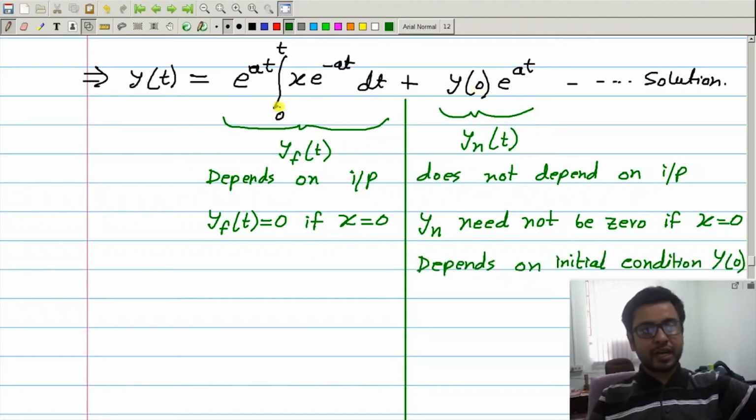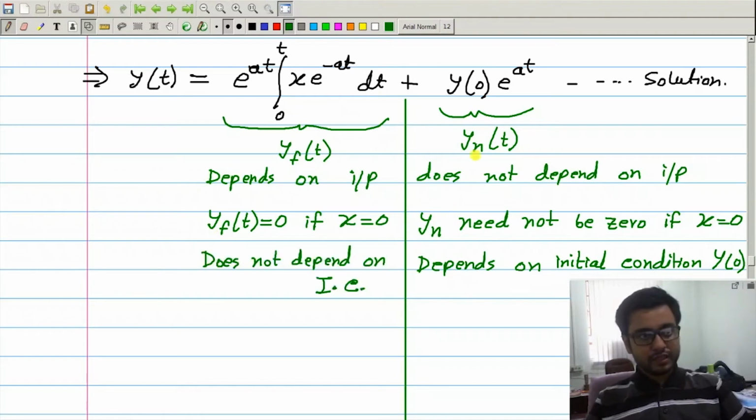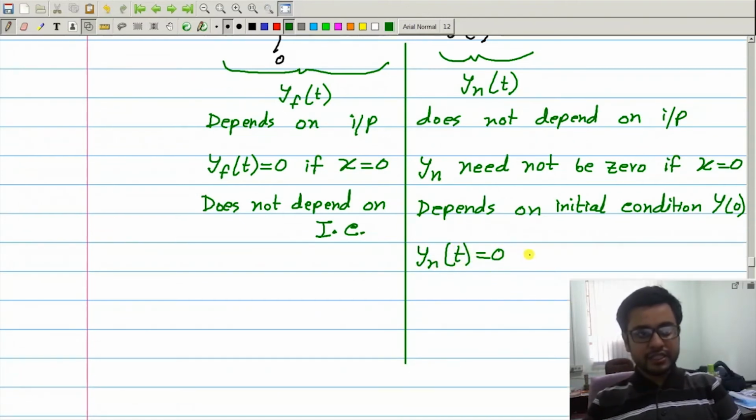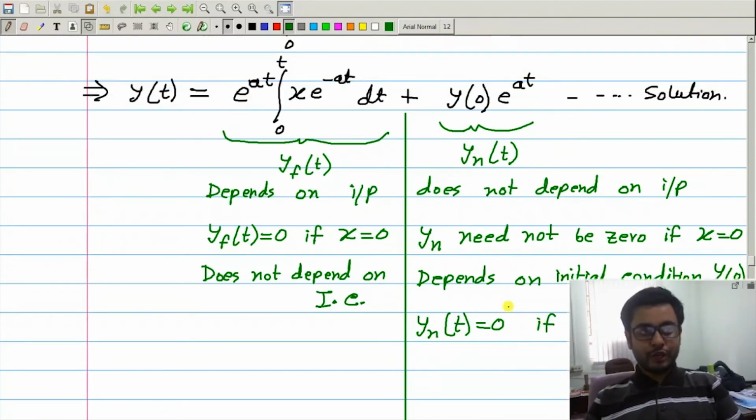However, this term does not depend on the initial condition. This term will be 0 if the initial condition y0 is equal to 0. So therefore you can clearly recognize that in the solution we have obtained, we have two terms.